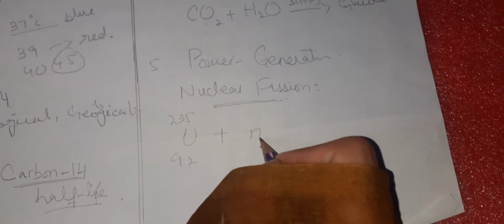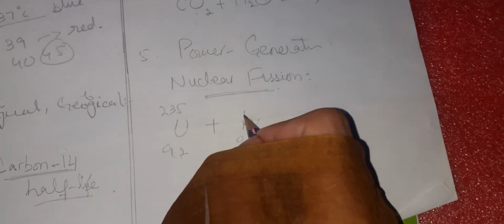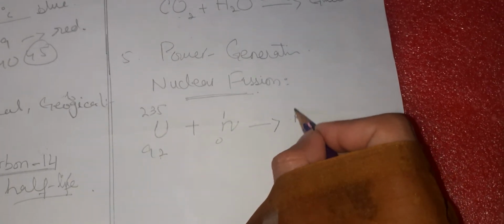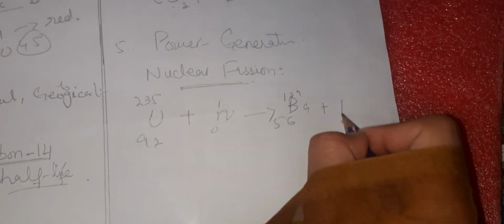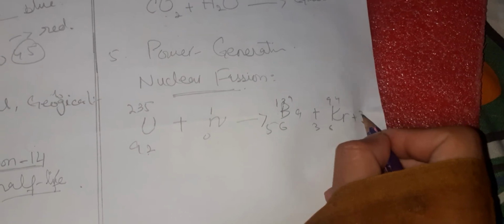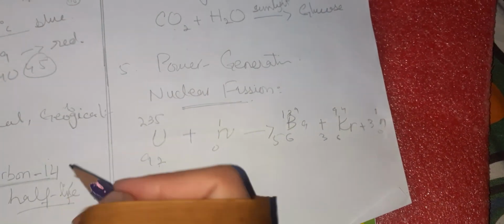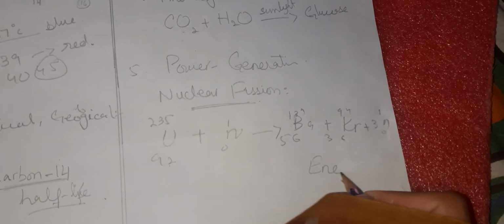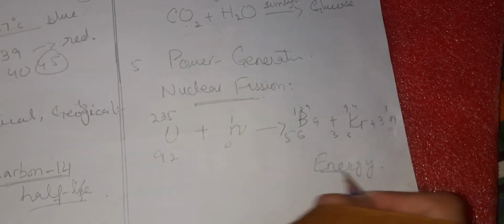It is treated with a neutron, and as a result it emits radiation and particles: barium 56 139 plus krypton 36 94 plus 3 neutrons, whereas a large amount of energy is given out.